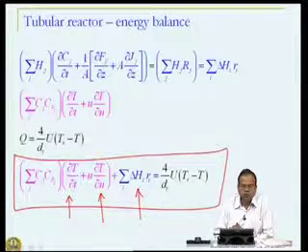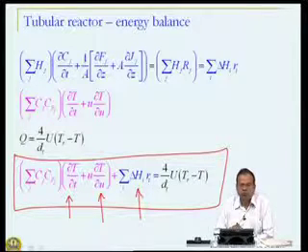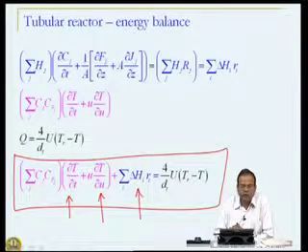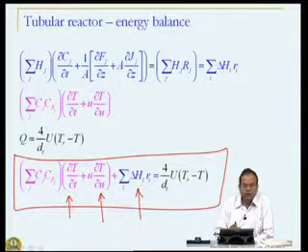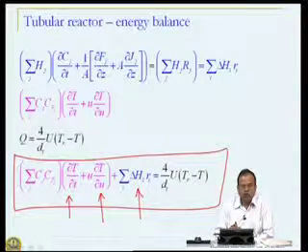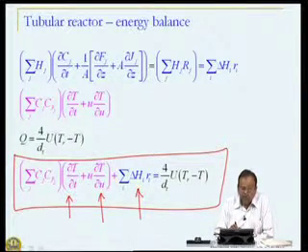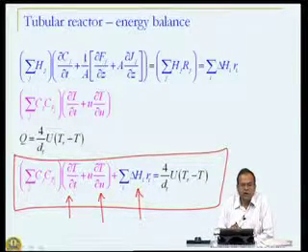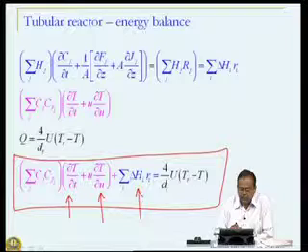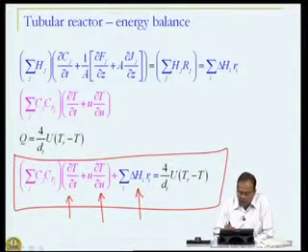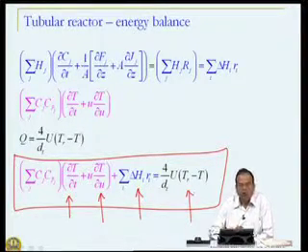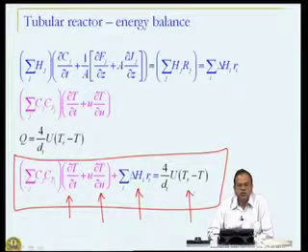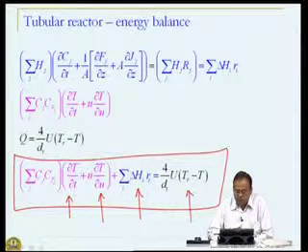If we assume that there are r independent reactions, i equal to 1, 2, 3, 4 up to r, each having heat of reaction delta Hi, then the sum total of delta Hi and Ri will be the net generation of energy in the reactor, and the last term accounts for the energy that is added to the system.